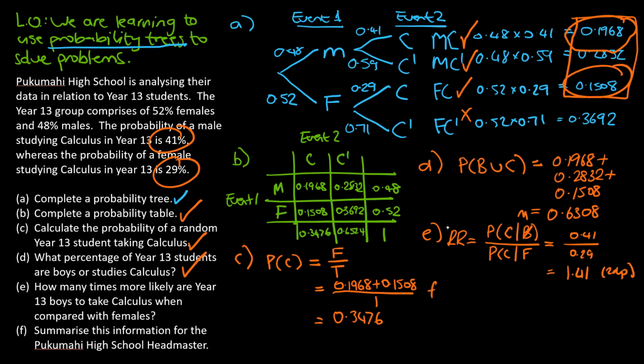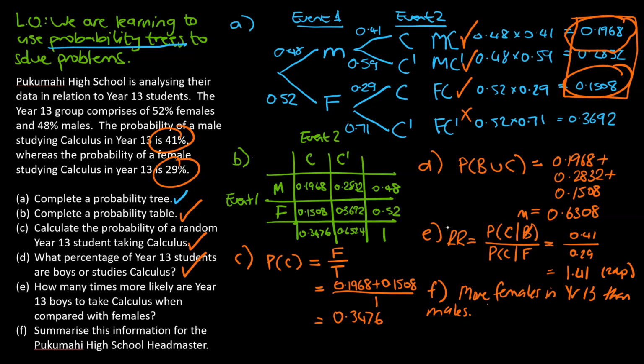And then finally, question F, we've been asked to summarize this information for the Pukumahu High School headmaster. And there's a few bits of information that we need to summarize. So there are more females in year 13 than males.